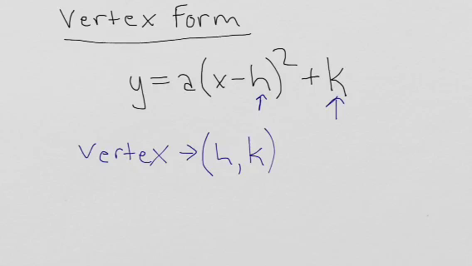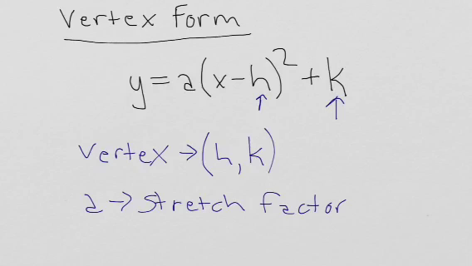The a is what we call the stretch factor. And what we do to find this is we actually have to do a little bit of math between a couple points, and we typically just take the vertex to the next point, which should have a ratio in a basic quadratic of 1.